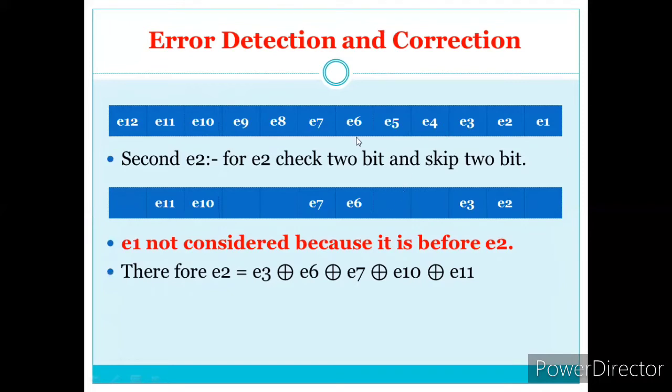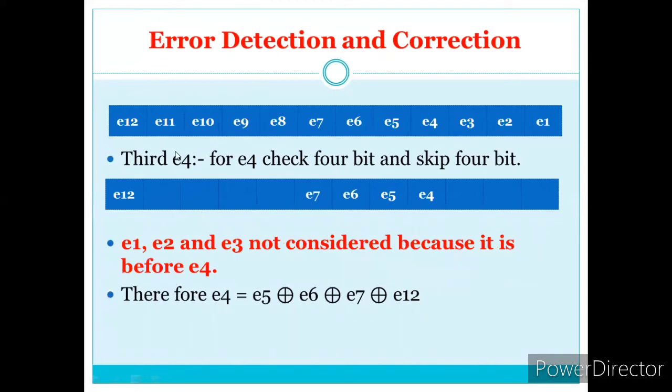E4, E5 are neglected. 6 and 7 are considered. 8, 9 are neglected. 10, 11 are considered. 12 is neglected, or skipped. So if you observe E2, I am writing it on the LHS. The remaining bits are exclusive OR of E3, E6, E7, E10, and E11. So this is how we calculate for E2.